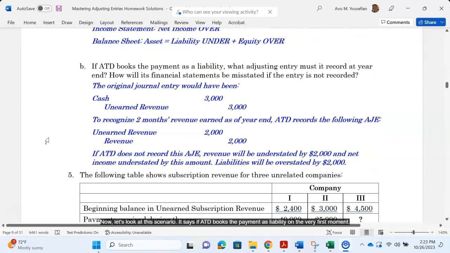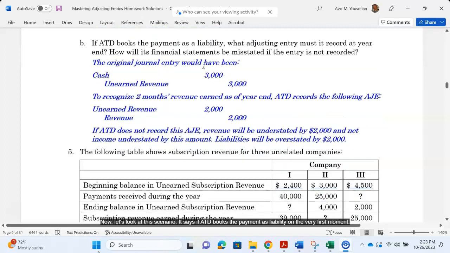Now, let's look at this scenario. It says, if ATD books the payment as liability on the very first moment, what adjusting entry must it record at the year end? So now draw a line again, show this scenario with a new set of T accounts. So draw T accounts, debit cash for $3,000, and record liability, all of it, for $3,000. So unearned revenue credit.